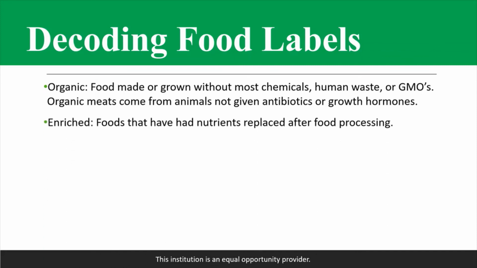Enriched foods means that the foods have been processed and they lost some of their nutrients along the way. So then the nutrients were put back in the food after the food was processed. Free-range foods, these are animals that have been given access to the outdoors.